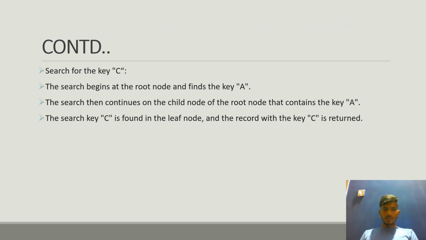Next, search for a key C. The search begins at the root node A. First it finds the key A. The search then continues on the child node of the root node that contains the key A. The search key C is found at the leaf node and the record with the key is returned. So what is the search operation to find the key C?